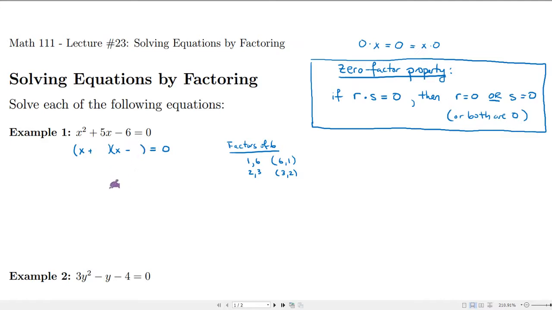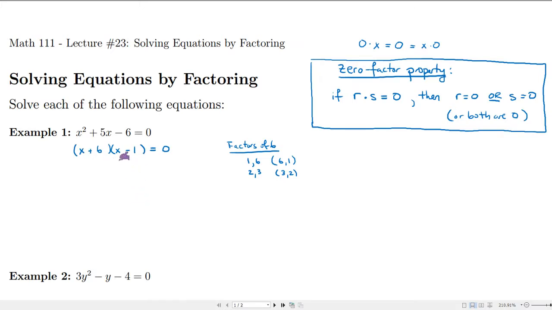Which one's going to work for us? If we want to end up with a +5, which of the two pairs has factors that are a distance of 5 away from each other? Well, 6 and 1. So if we want to get a +5, then we would want the +6 and the -1. Do we see that the product is -6 and the sum of those two is +5? So that's going to work for us.